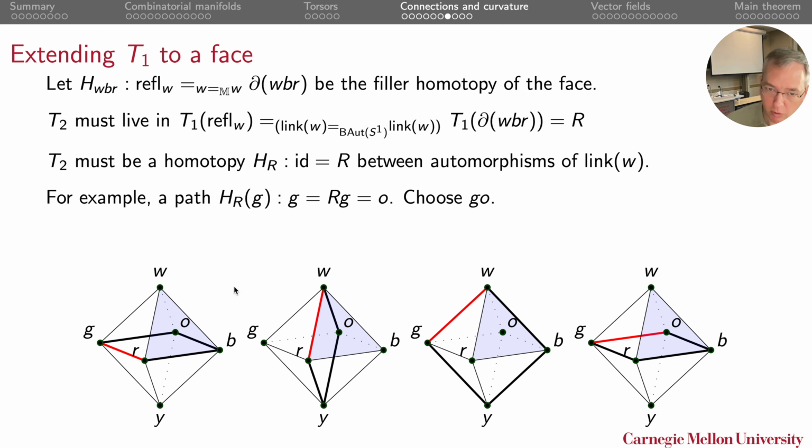R is this rotation, and HR is just intuitively the connection to the identity, the path from the identity. So it's like having a movie of R being performed, and we're going to choose the one where R is the landing place. We're going to choose the minimal clockwise one that implements it, the path from identity to there.